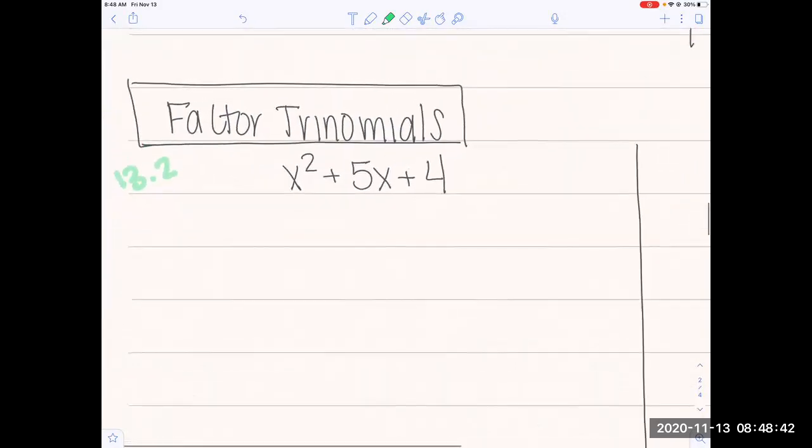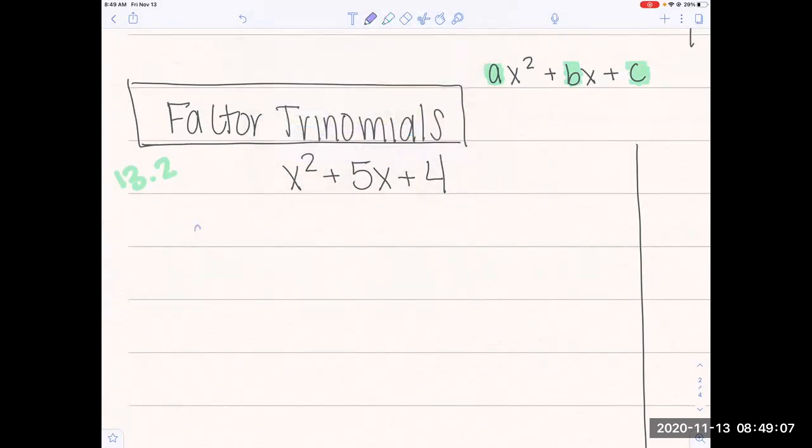And if you recall, this was my standard form, which was at the top of the screen, but standard form is ax squared plus bx plus c. So a being the number in front of the x squared, b the number in front of x, and then c being the constant.